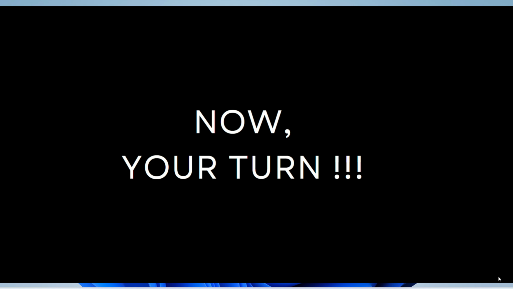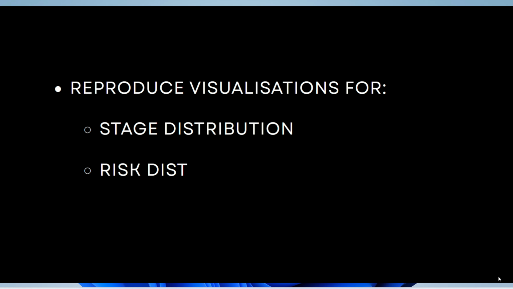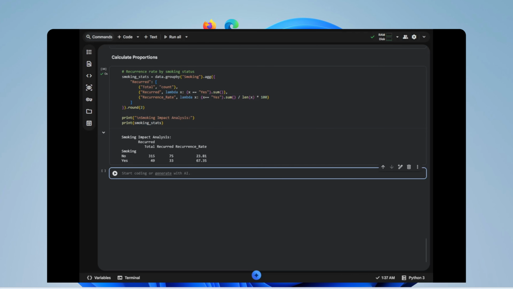I want us to take this simple task, pause the video right now, and then try to produce visualizations for stage and risk on your own. Just follow the pattern we've used in time past, but use vertical bars for stage, and then for the risks, use horizontal bars. This is just to make it align with the solution I'll be providing after the test session. So pause the video and start.